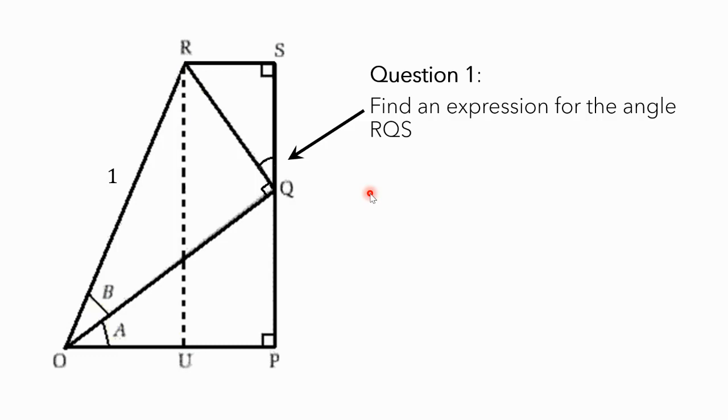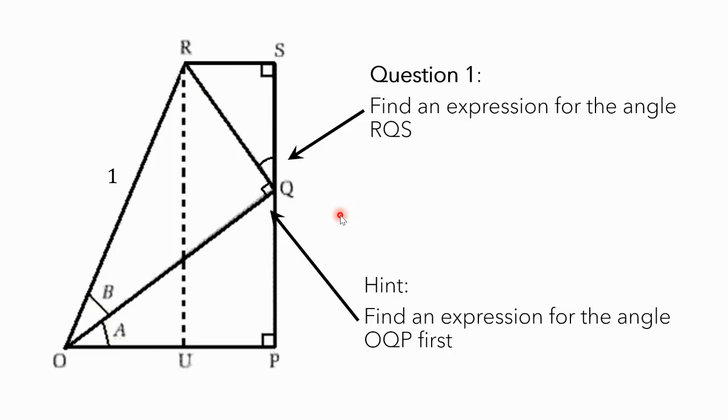If you would like a hint, my hint would be to have a go at finding this angle here first. That will help you find the angle up here. So find the angle OQP, and that will eventually help you find the angle RQS. Pause the video here, have a go at finding the angles mentioned, and I will come back and show you what the answers are.